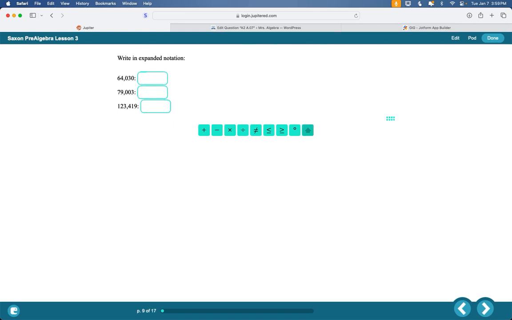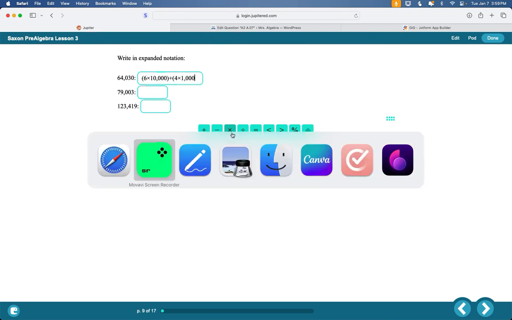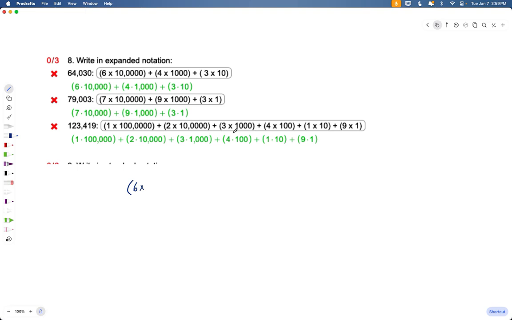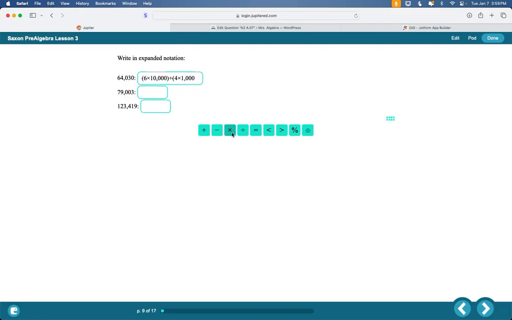So let me go through and type 6 times 10,000 plus 4 times 1,000. I'm not sure if I did the comma or not. We'll see. Let me go back at that. I didn't. And usually in the 4 places, you don't use a comma until you get to 10,000.